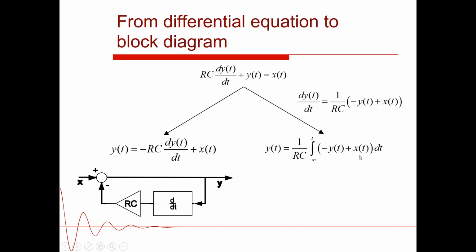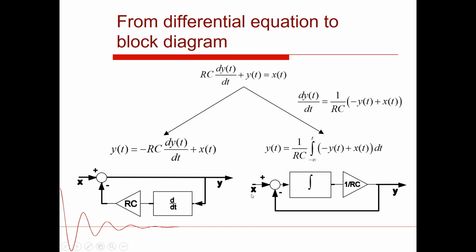We start off with the input signal and then work from right to left. So we start off with the input signal x. We subtract the output signal y from this signal. Then we integrate the result, and we multiply that result with 1 over rc. So let's do it. The input signal is put to the left side of my block diagram.